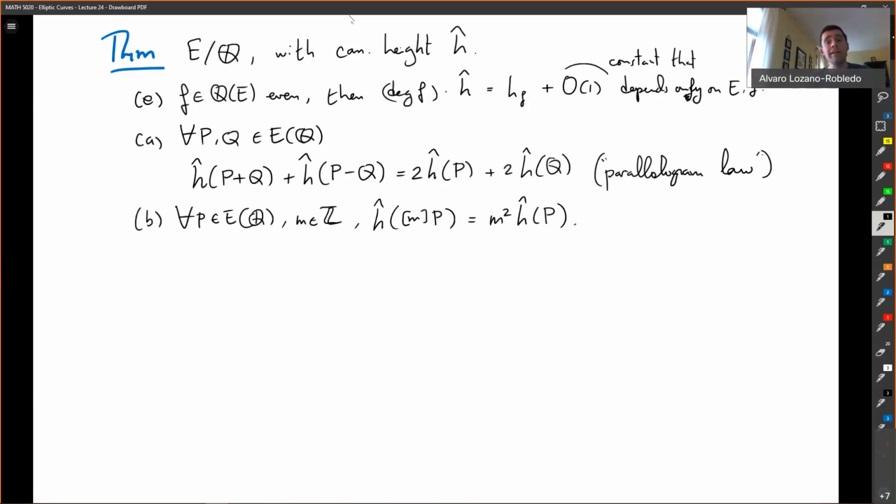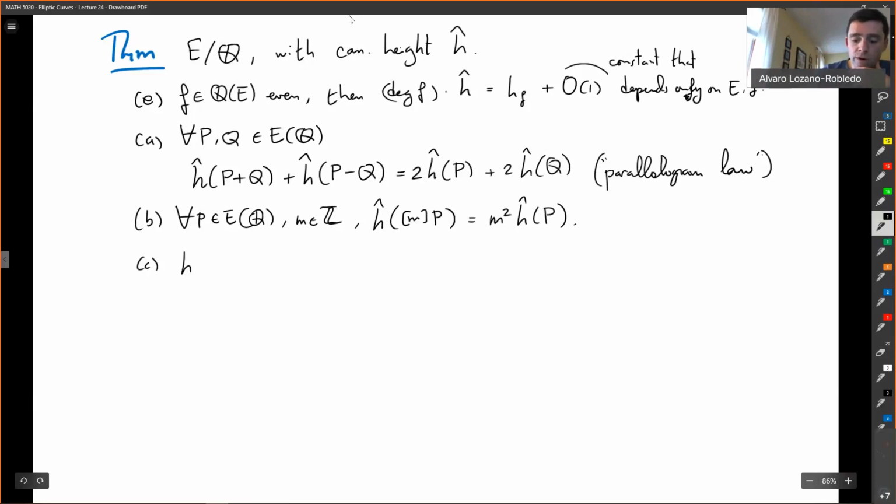Okay, that immediately, if I tell you the height of P1 is 3, the height of P2 is 5, then immediately you know that they are not multiples of each other. So they have to be independent as points. So that's nice. Okay, so that's the kind of thing that we're going to use.